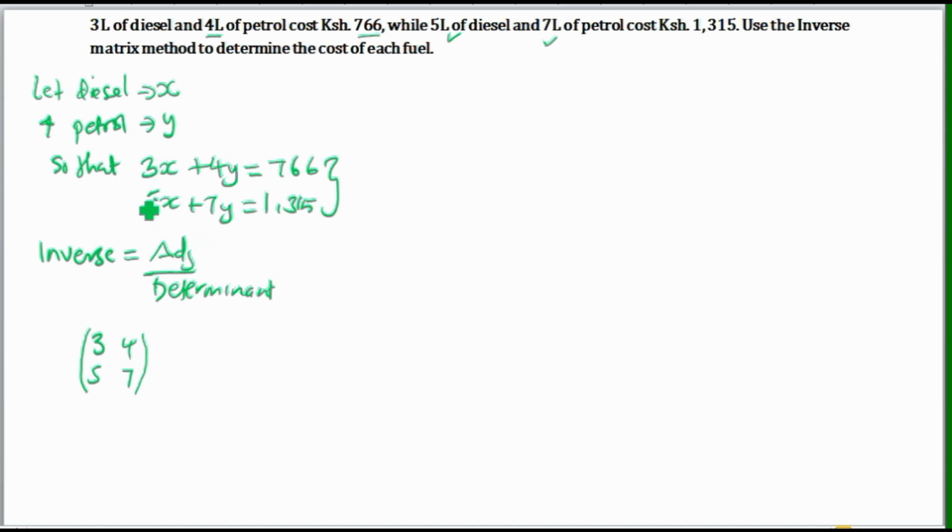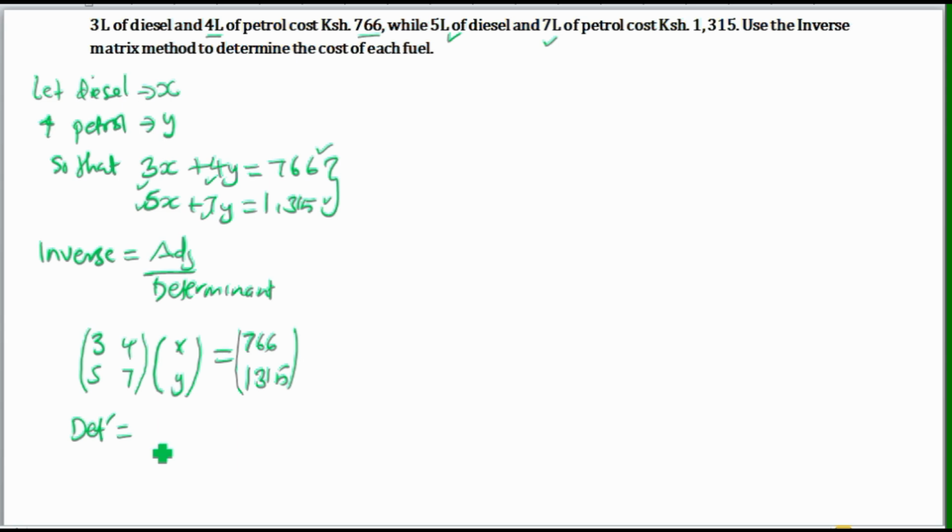We just pick the values 3, 5, 4, and 7 and write them in matrix form the way they appear in the pair of equations. This is multiplied by the variables X and Y, equals the total costs, 766 and 1,315, in matrix form. Okay, let's start with the determinant.